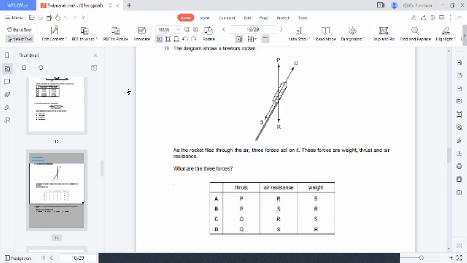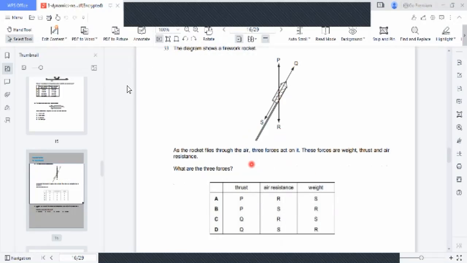In question number 33, the diagram shows a firework rocket. As the rocket flies through air, there are a few forces acting on it, P, Q, R, S. These forces are weight, thrust, and air resistance.